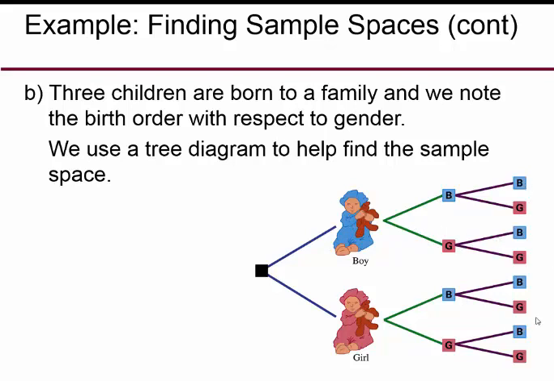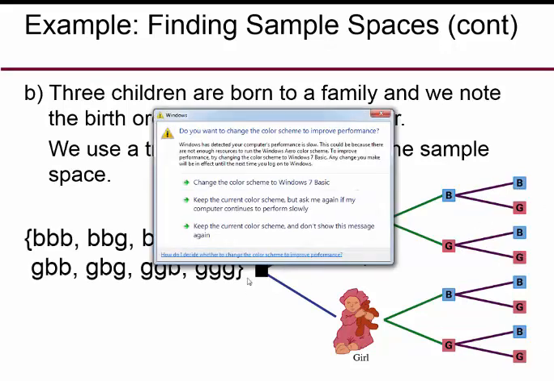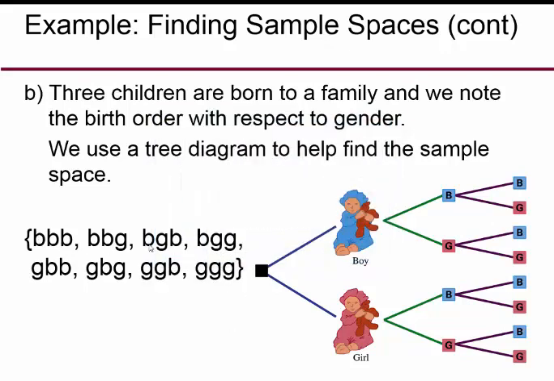And all of these final branches are all of the possible outcomes. So you can see that it goes all the way from boy, boy, boy, all the way down to girl, girl, girl. And the sample space includes all of these possible combinations. So this is the sample space, and this is the tree diagram that allows us to write that sample space.